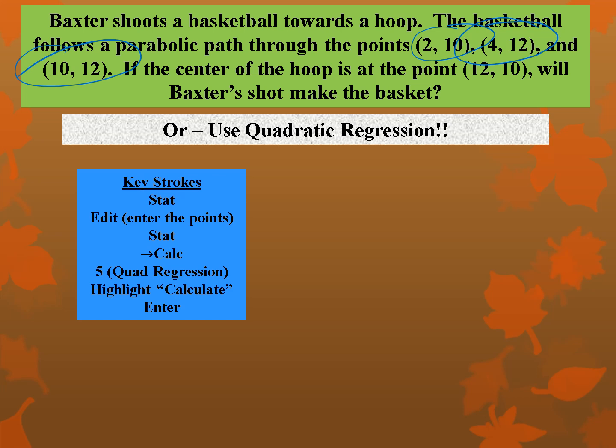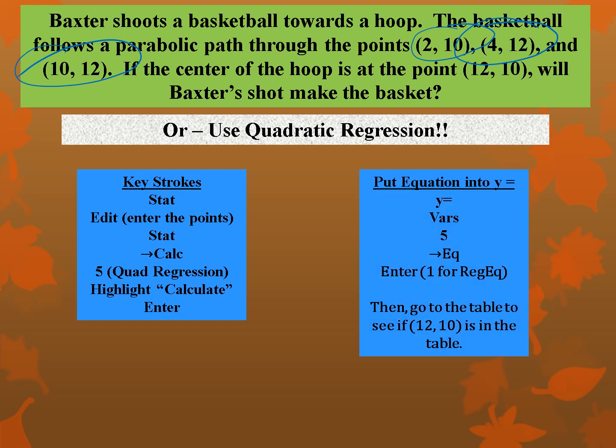There's a way to copy that into your y equals. You'd go to y equals, then find the vars key. Once you hit the vars key, choose option 5, arrow over to equation, and enter 1 for the regression equation. That populates the equation into your y1, and then you can go see if (12, 10) is on the table.